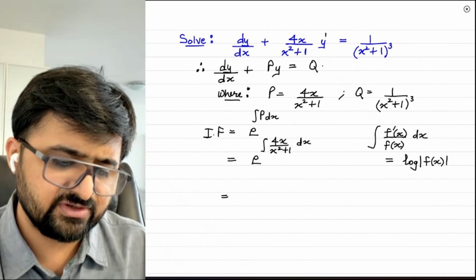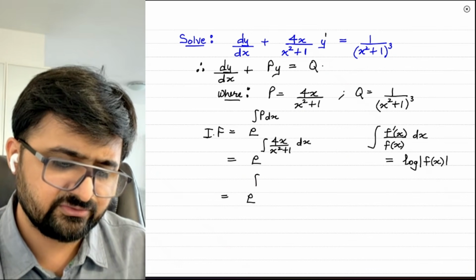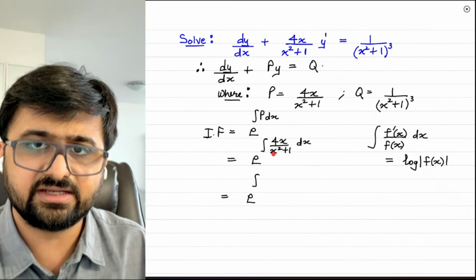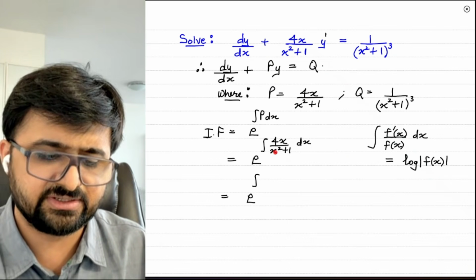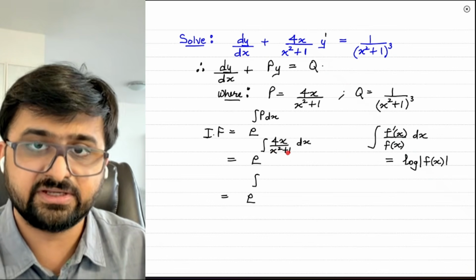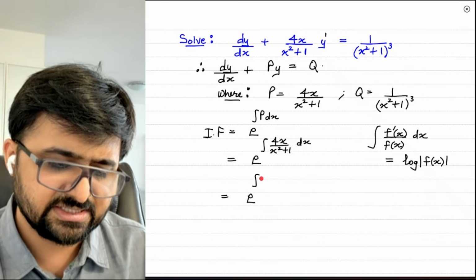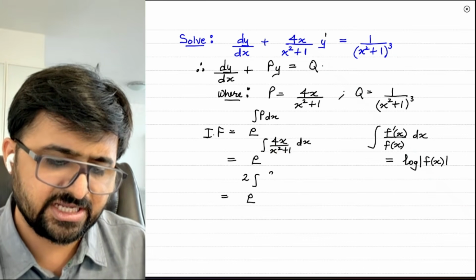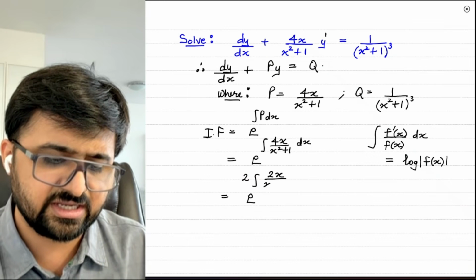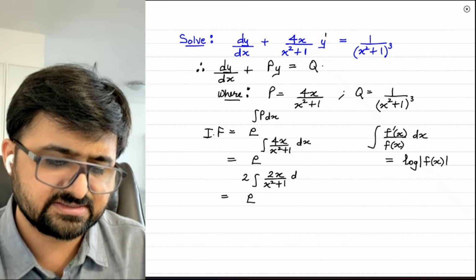So the way you get here is, if you notice, the derivative of the denominator is 2x, since the derivative of x square is 2x and the derivative of 1 is 0. Here there is 4x, so let us take 4 out and write it as 2x over x square plus 1 dx.